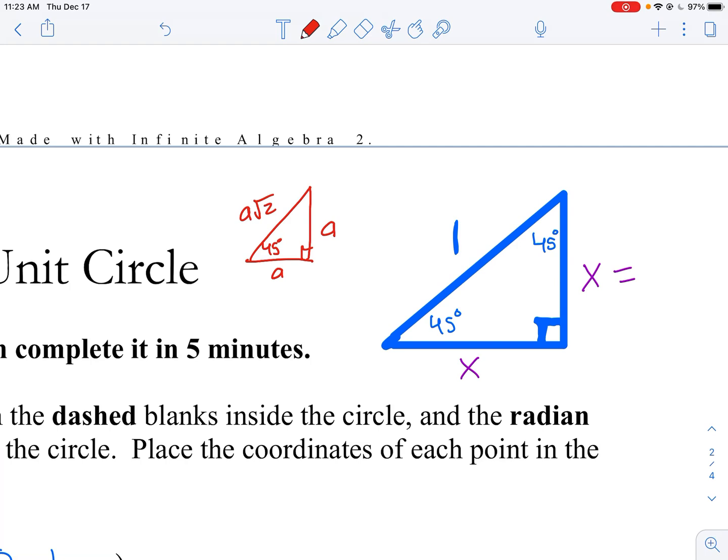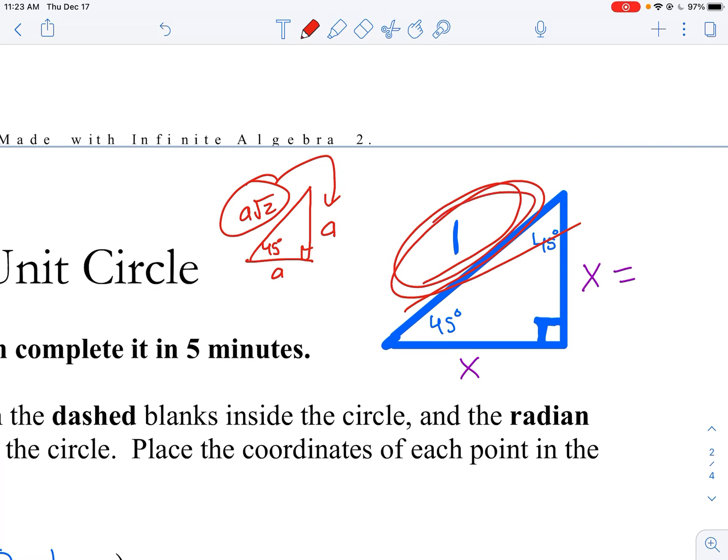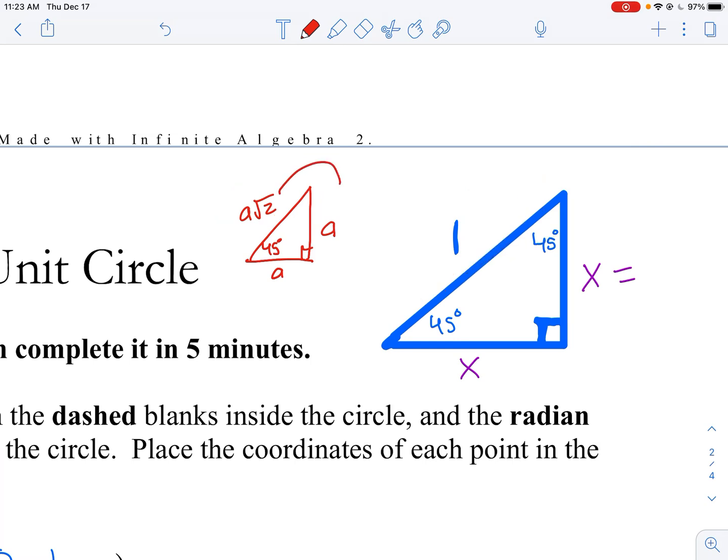Well, we know the hypotenuse right now. We want to convert that to the side length. Well, if the hypotenuse is the side length times the square root of 2, if you want to get that side length, you're going to take your hypotenuse and divide by the square root of 2. That will give you that side length.